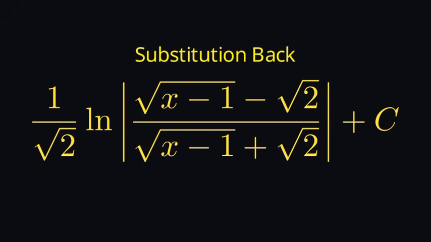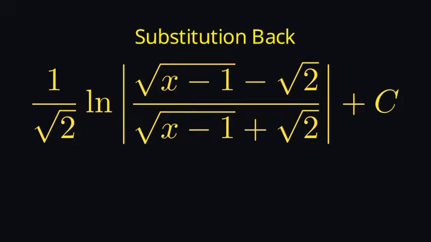We need to be mindful of the absolute value. The argument of the logarithm must be positive. Since the denominator, square root of x minus 1 plus the square root of 2, is always positive for x greater than 1, the sign depends on the numerator. If x is greater than 3, the numerator is positive. If x is between 1 and 3, the numerator is negative.